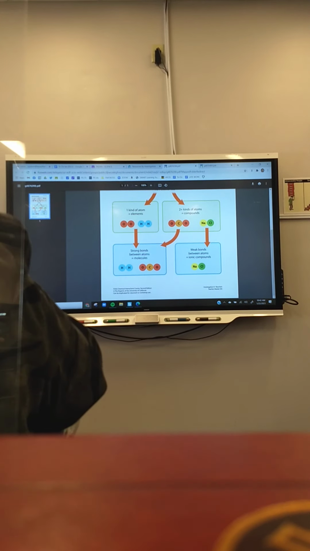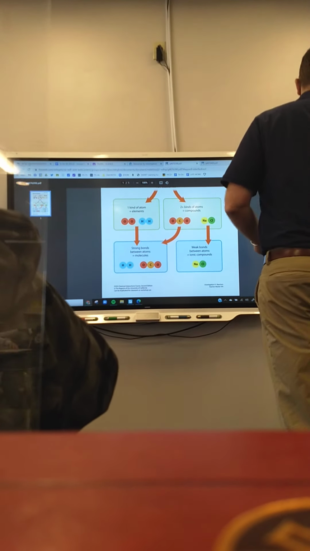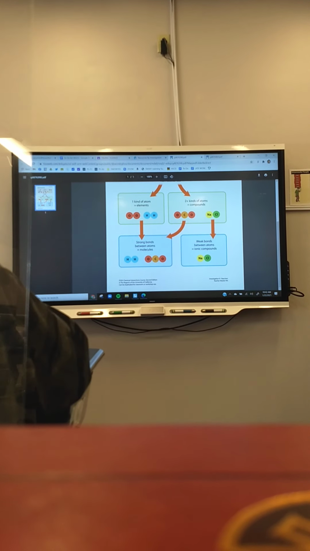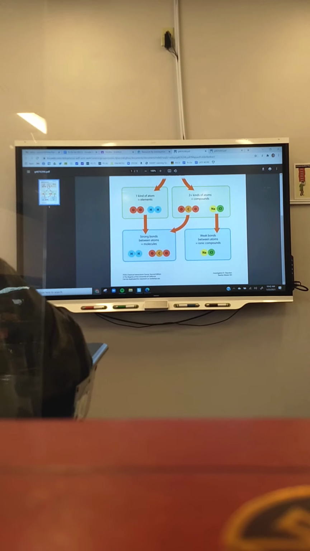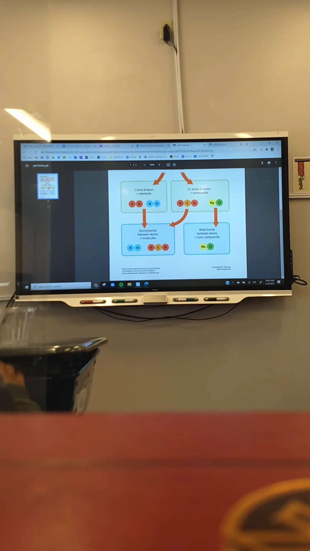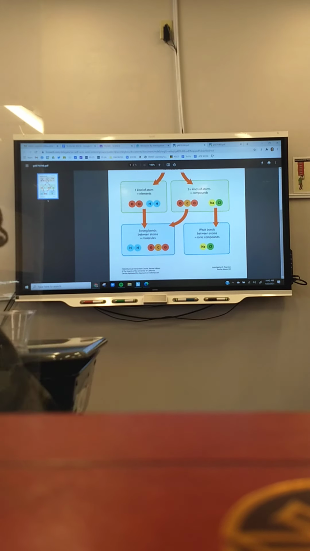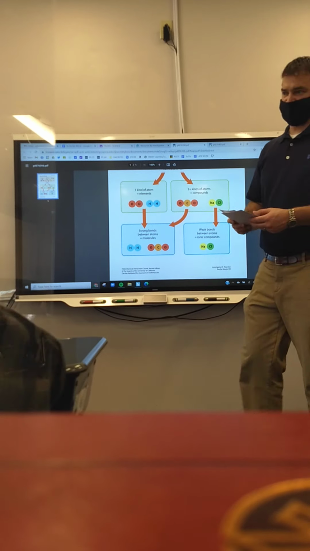All the yellow ones add an Na. All the green ones add a Cl. All the blue ones add an H for hydrogen. Can everybody see these? Okay, so that way we're using the same colors to represent the same types of atoms.